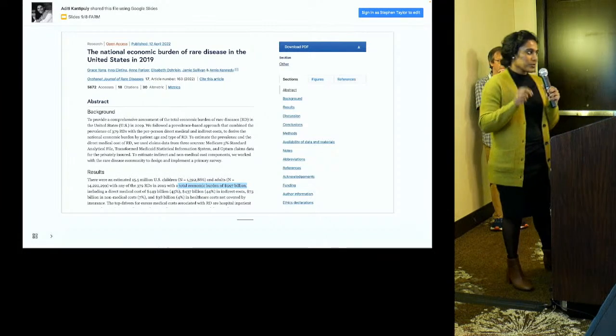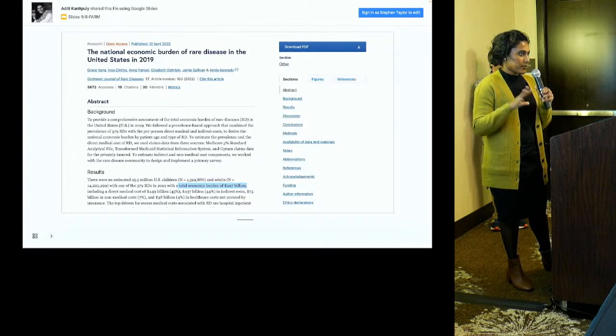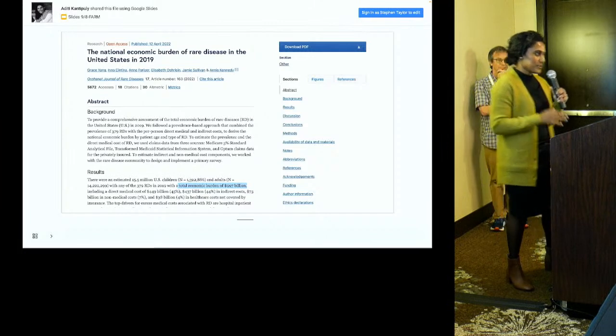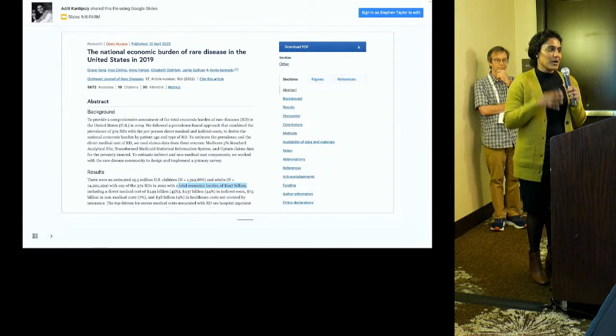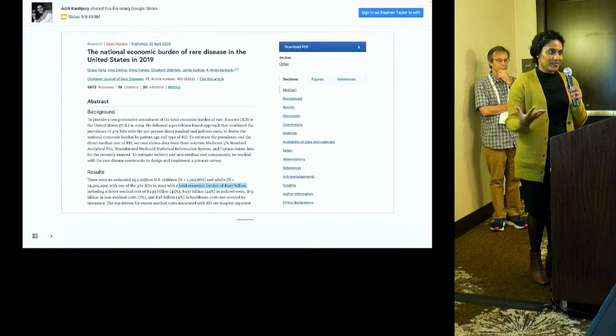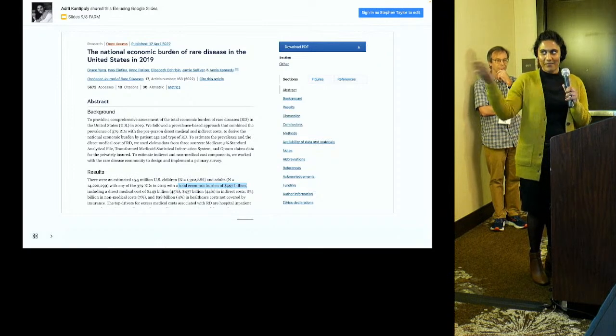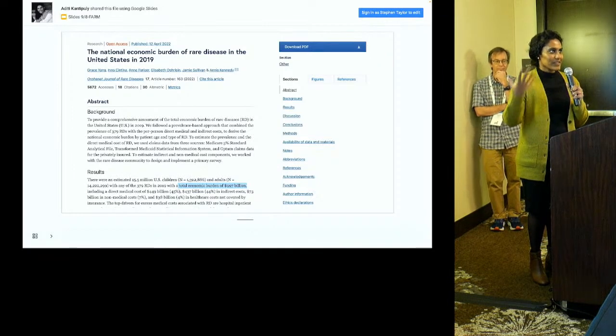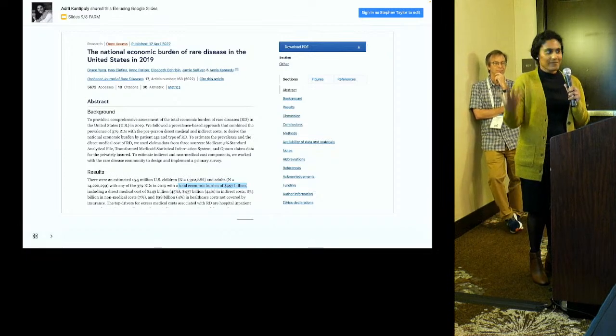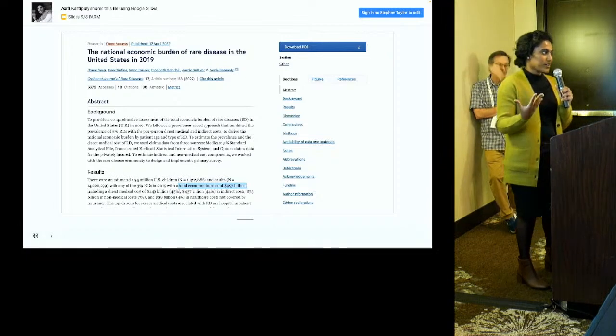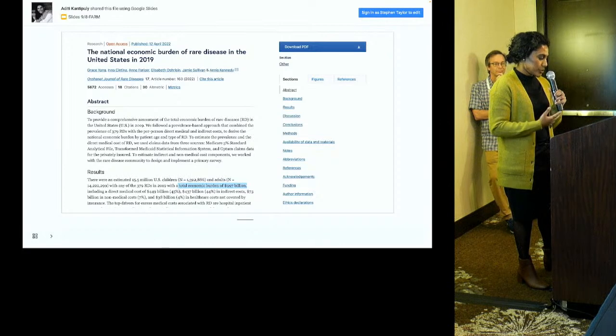And they only used around 335 rare genetic diseases. For context, there's over 7,000. So that's a very, very small sample of what we're looking at. The study remarks on the importance that it affects all of us, even if we are not diagnosed with a rare condition.